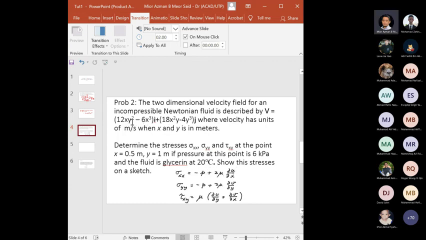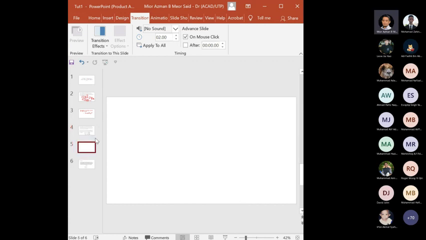Because this is representative of u and v, you differentiate that with respect to x and then substitute the point there. The x will be 0.5 and y is 1, so you get a value. Straightforward substitution and solving the problem.